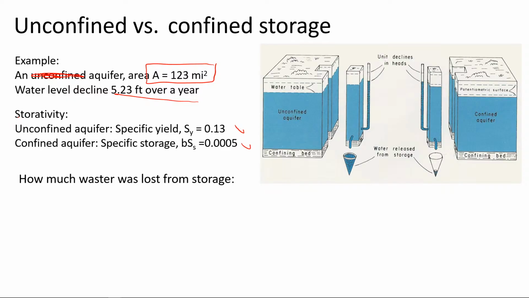So let's assume this was an unconfined aquifer with this specific yield, or a confined aquifer with this specific storage, or both of them: specific storage times S gives you S times the aquifer thickness. So this would be S here also. How much water was lost from storage? So how to solve this? Remember, the water that's lost from storage would be the storage coefficient times the area times delta H.